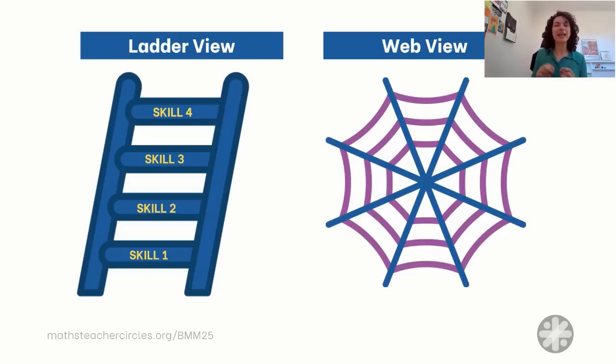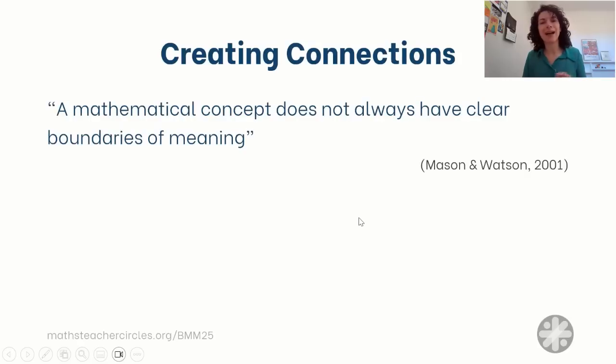Interestingly, sometimes even with the background knowledge, maths can be confusing. There's some research from John Mason and Anne Watson which brings this to light. They showed that a mathematical concept doesn't always have clear boundaries of meaning. If you look at a textbook definition, it's very precise.